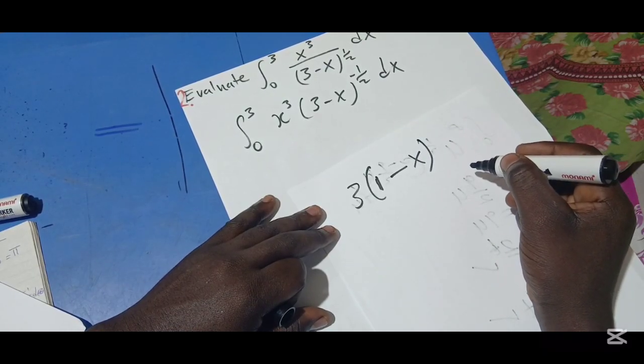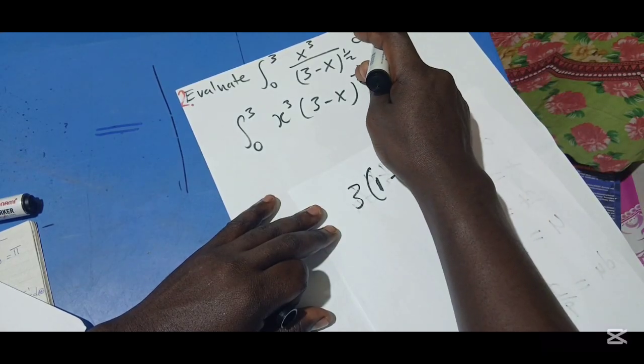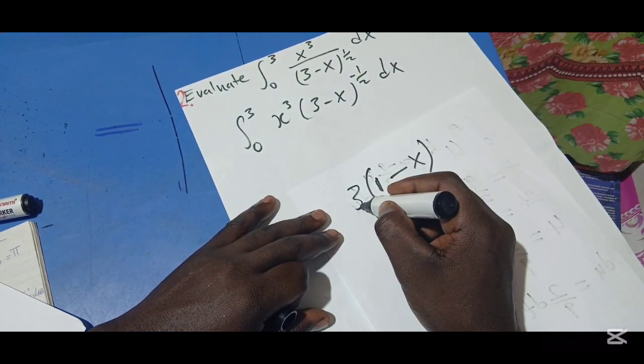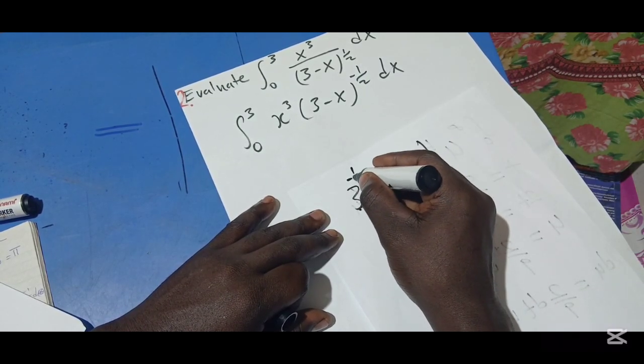Look at the exponent. Here we have an exponent minus half, so this 3 out here is also affected by the minus half. So you bring the minus half.